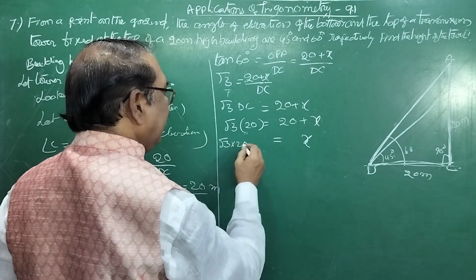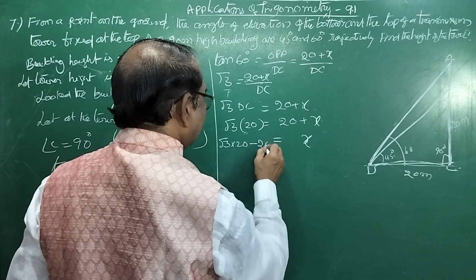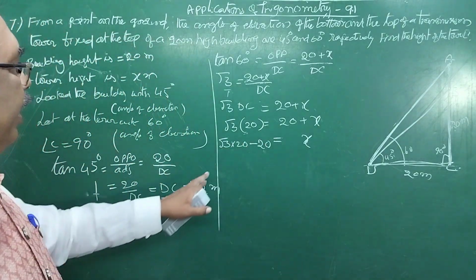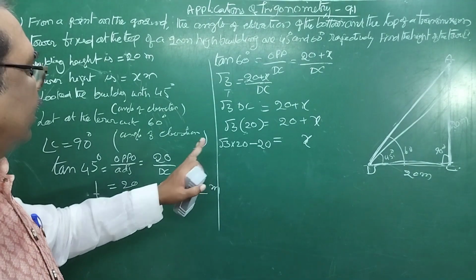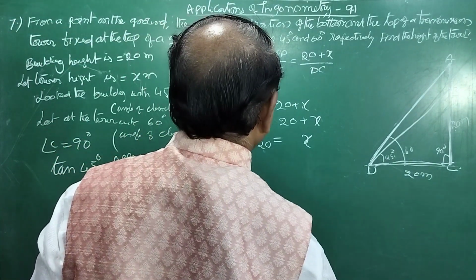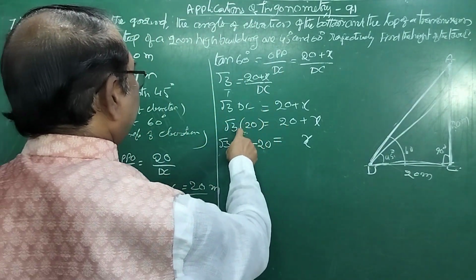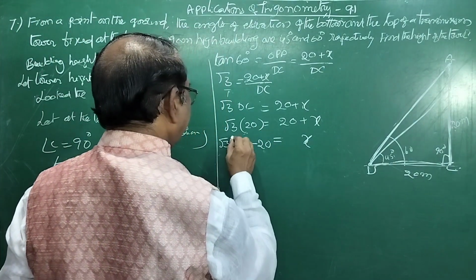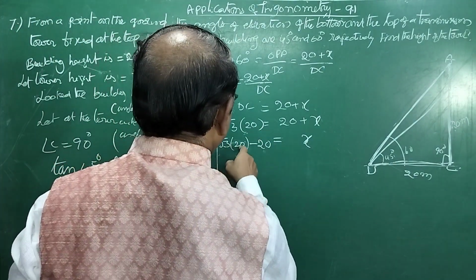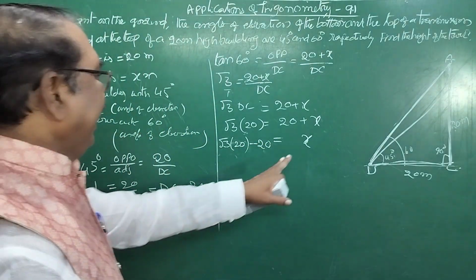This 20 comes to the other side as minus 20. So root 3 into 20 minus 20 is equal to x.